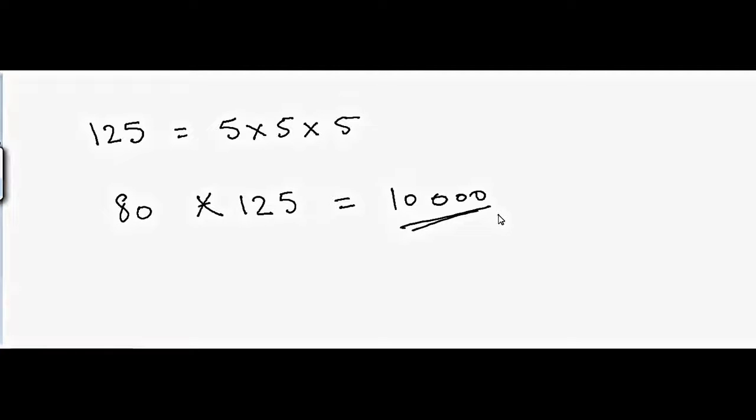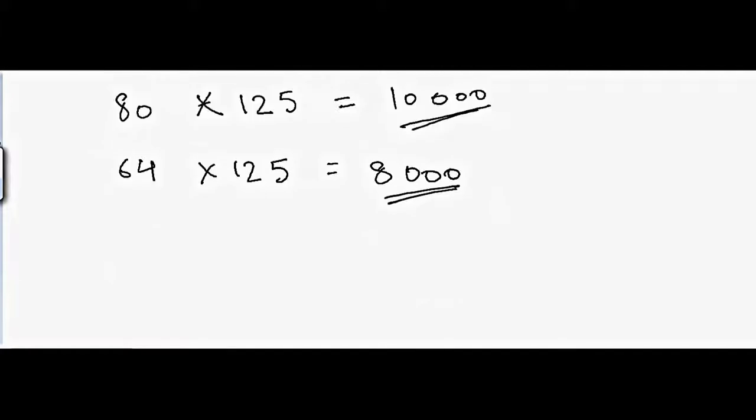So again, let's take another example. If I have 64, so as we know that 8 into 8 is 64. So in this case, if I multiply by 125, that will be equal to 8, because we divided 64 by 8 and then put 30 in the end, so it will be 8000.